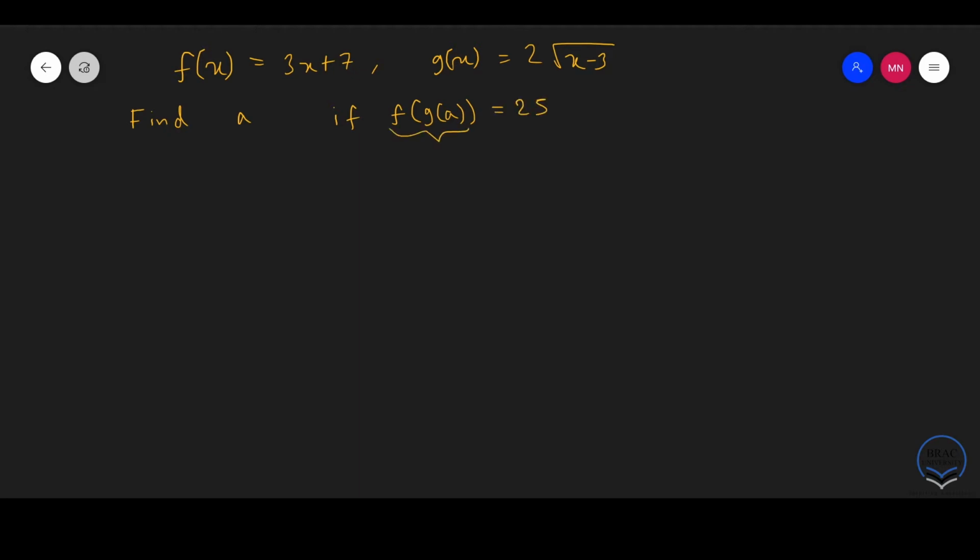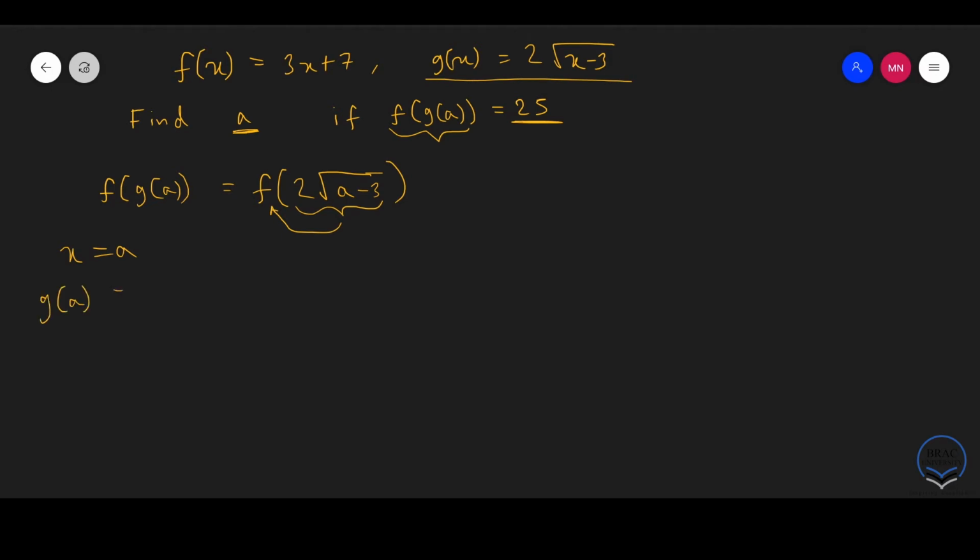So now we have another composition of functions f and g, and in this case we have to find the value of our input. Our output is already given, we have 25. So finding f of g of a first, g of a is 2 times square root of a minus 3, taking x to be a.